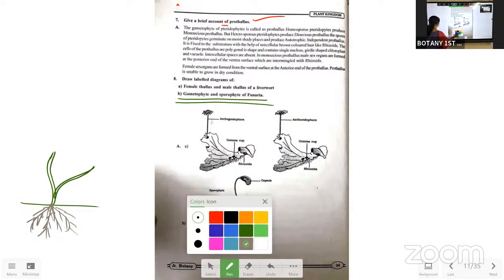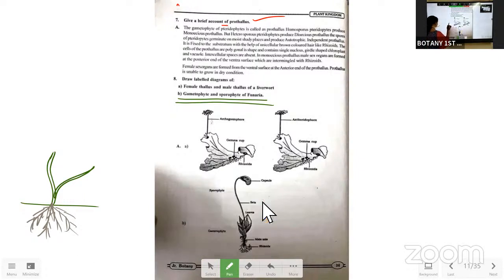And now comes the seta and capsule. See, the capsule should have a joker cap-like structure.